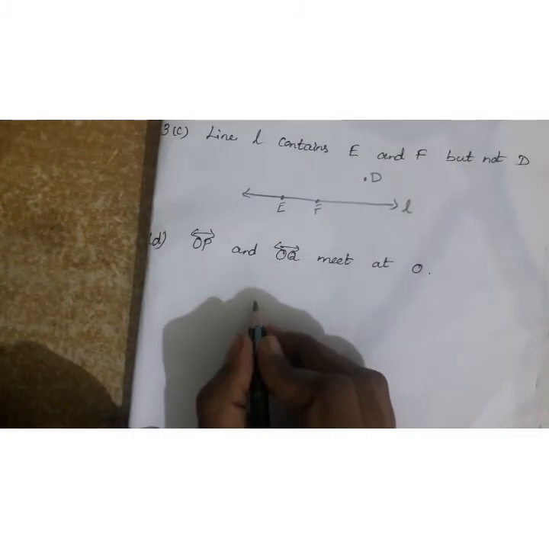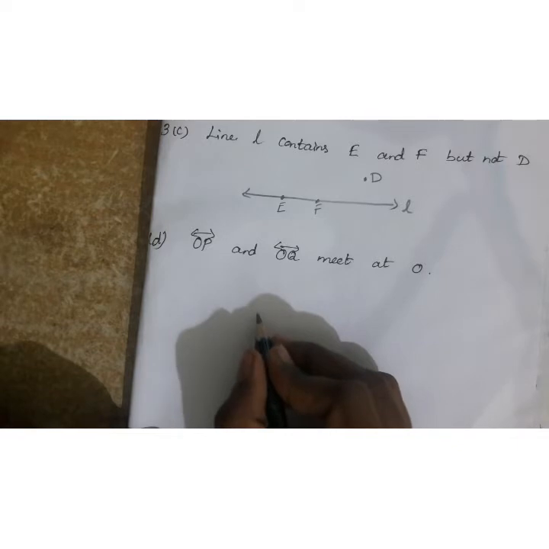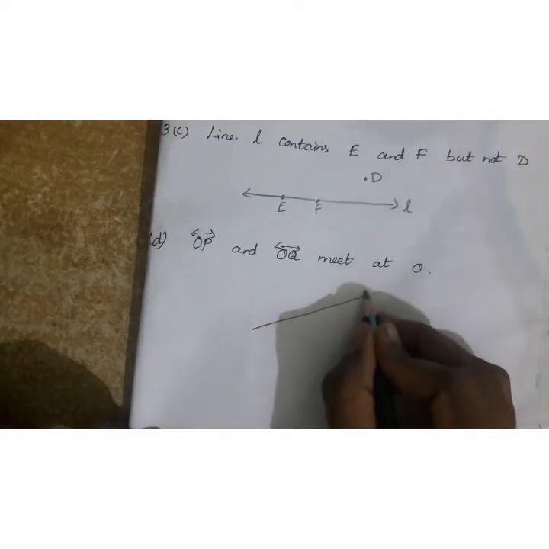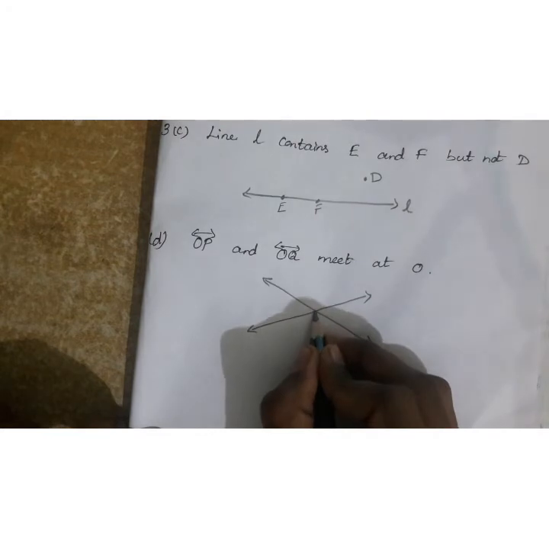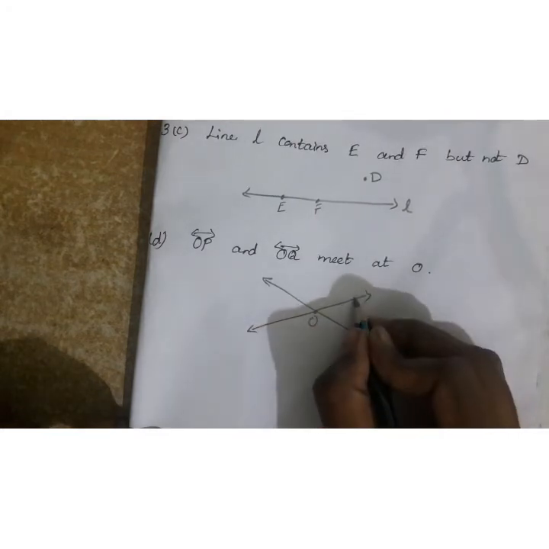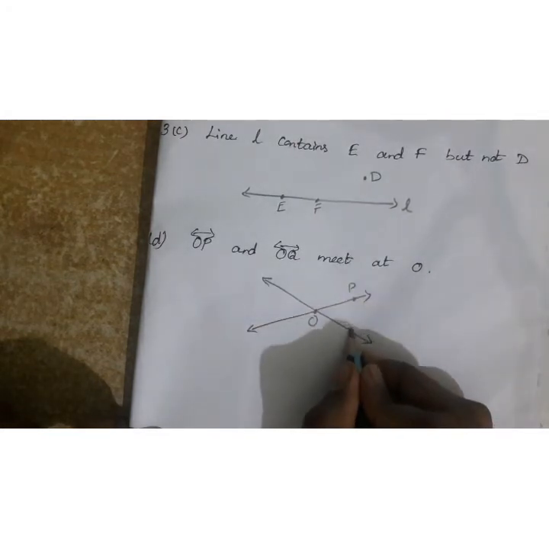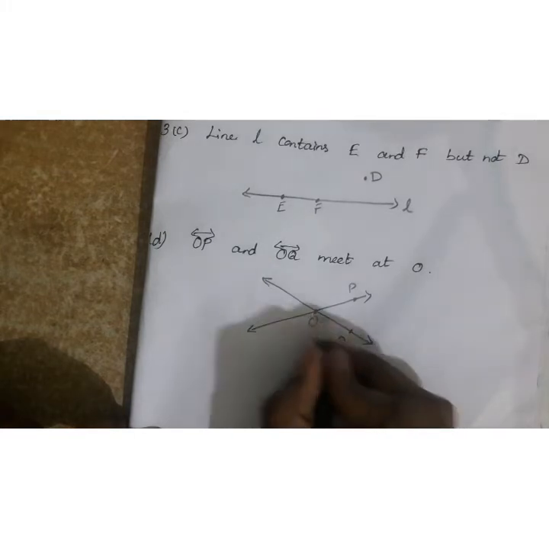D part: line OP and line OQ meet at O. Draw lines OP and OQ meeting at O.